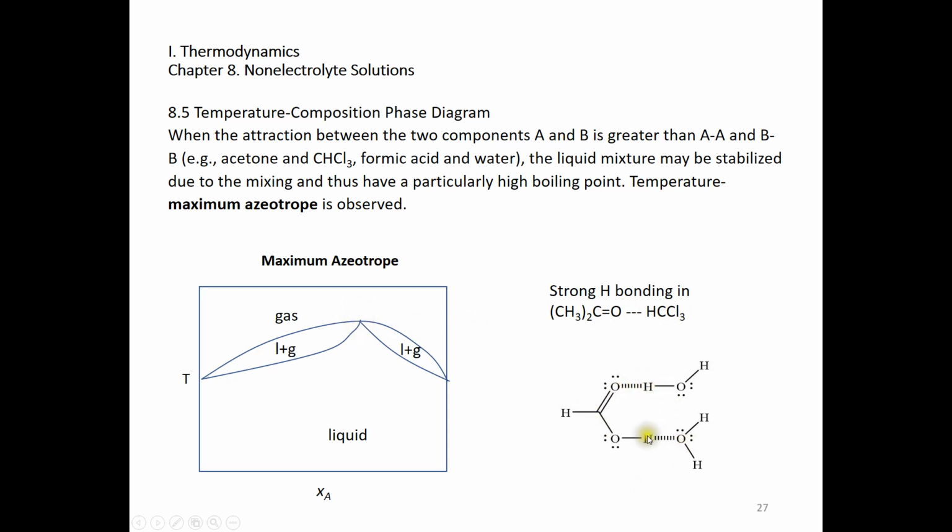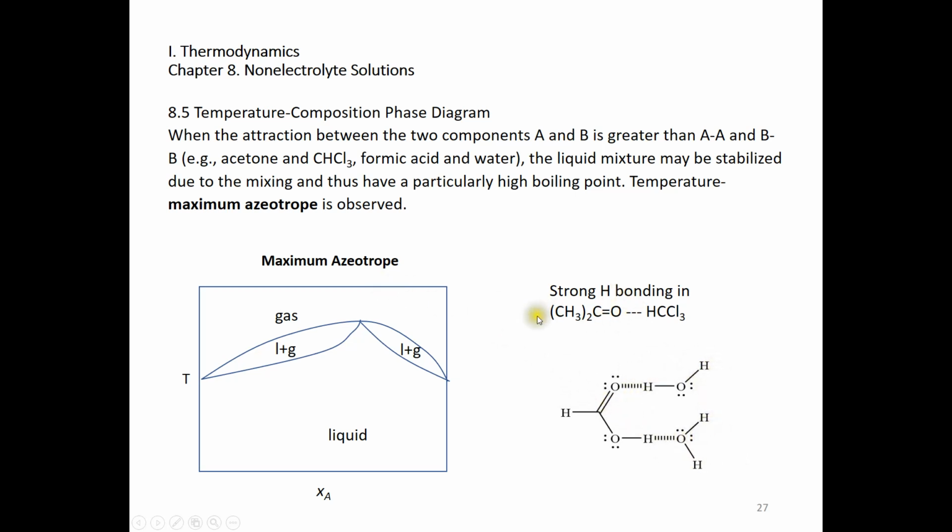Now let's look at another example. I think we have over here a water molecule, and this is formic acid. So if you mix formic acid and water with the right composition, you will also see a higher boiling point than pure formic acid, and also higher than the boiling point of pure water.